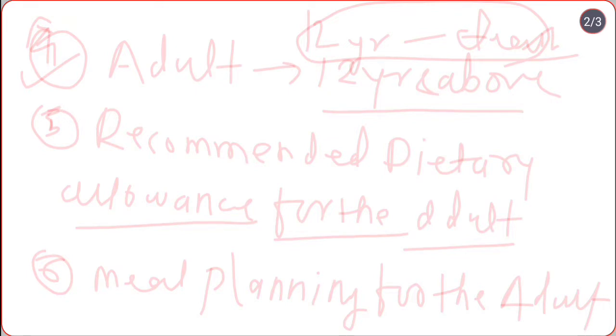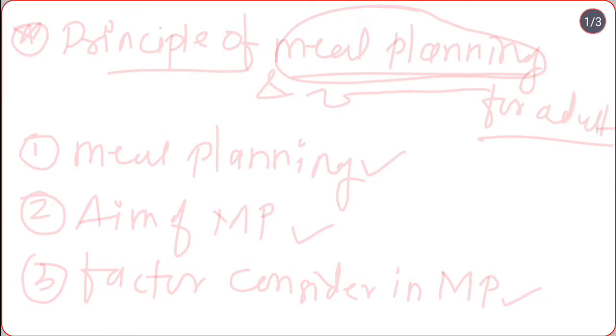Next is the recommended dietary allowance, RDA, for the adult. Then we discuss meal planning for the adult. This is all about the points that we discuss in this topic.